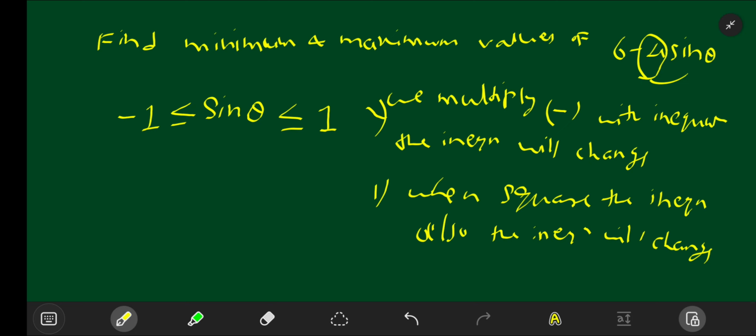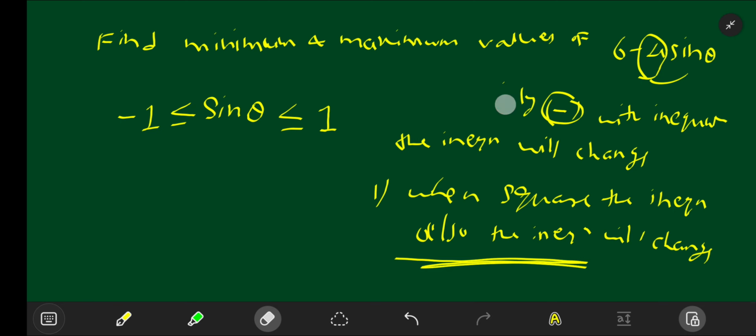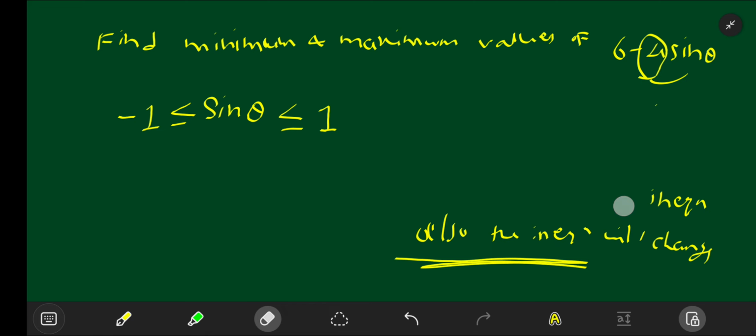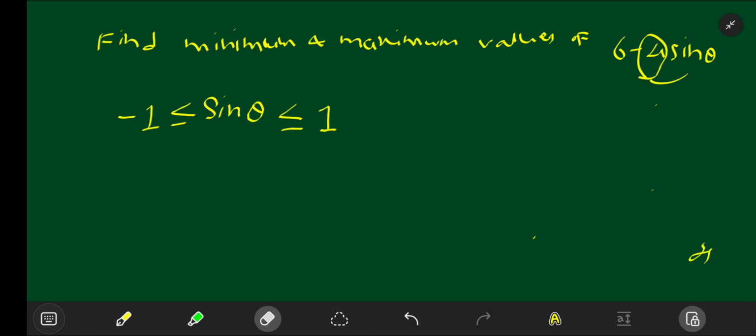These are the two conditions you have to remember. The inequation will change when multiplied with minus or squared. When we square or multiply with minus 1, the inequation will change. Why will it change? I will explain with this example.